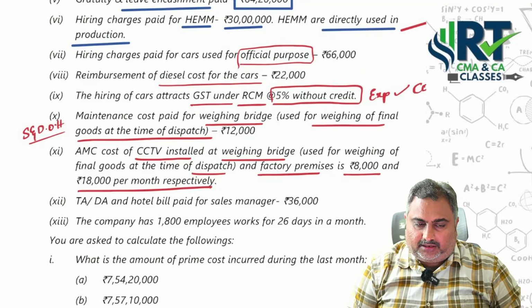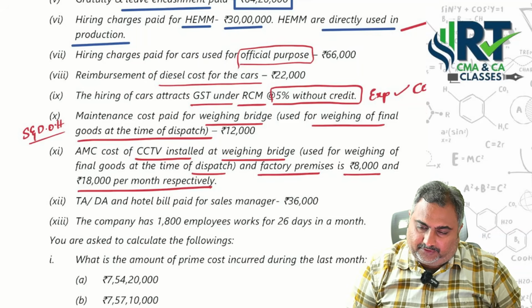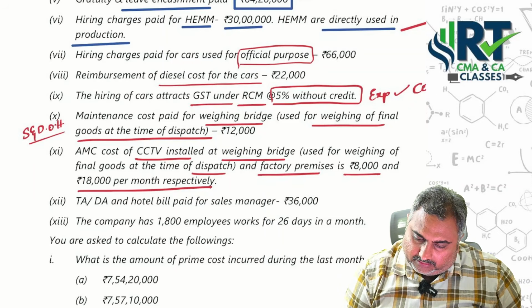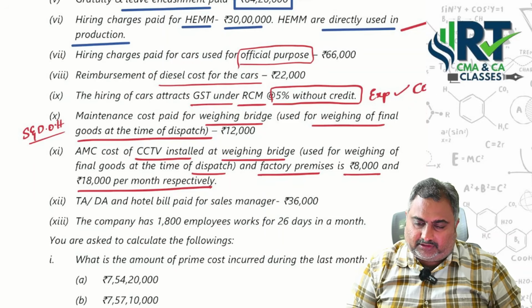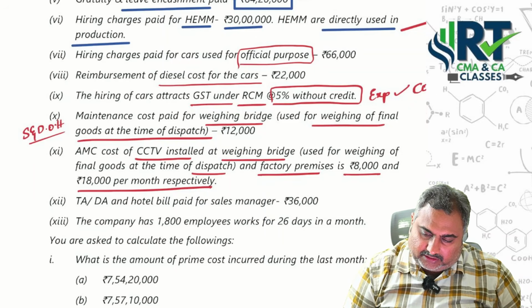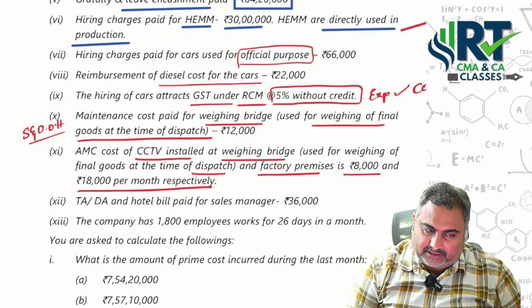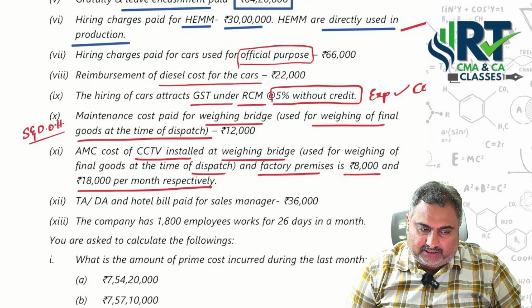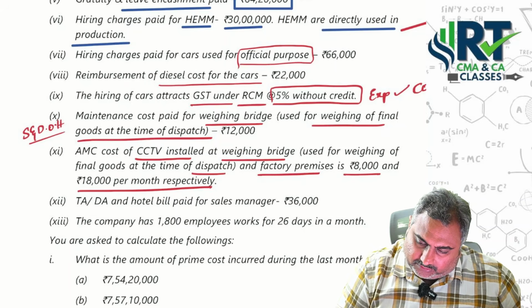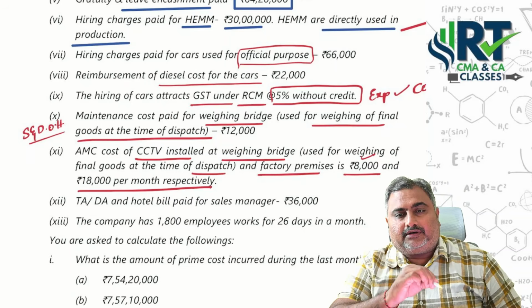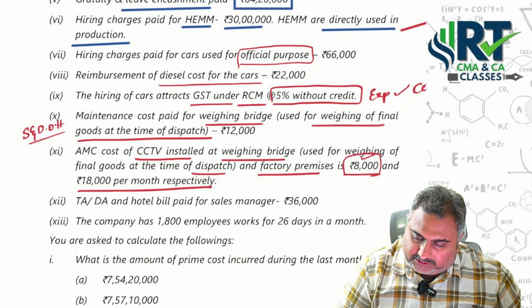If you understand the question, 8,000 belongs to the weighing bridge and 18,000 to the factory premises. So this 8,000 is what we are incurring for weighing the final goods, that should be covered under selling and distribution overheads.